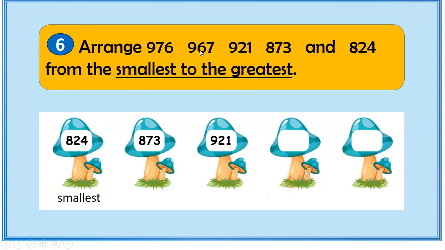And we also know that 6 is smaller than 7. So 921 will be followed by 967, and the greatest number is 976. All right.